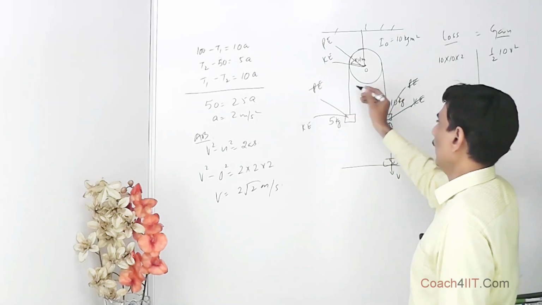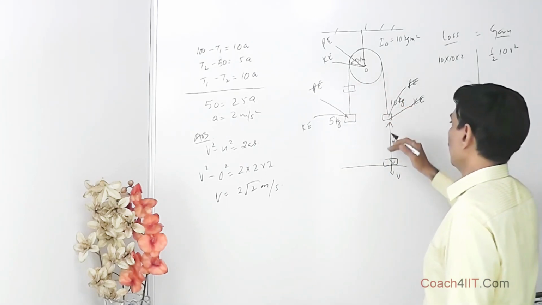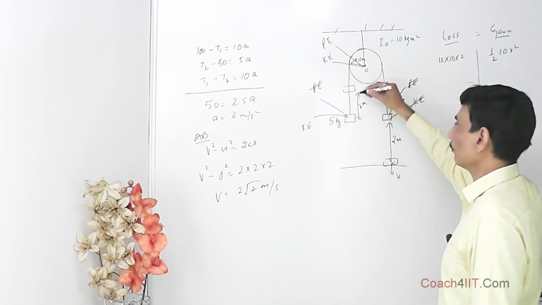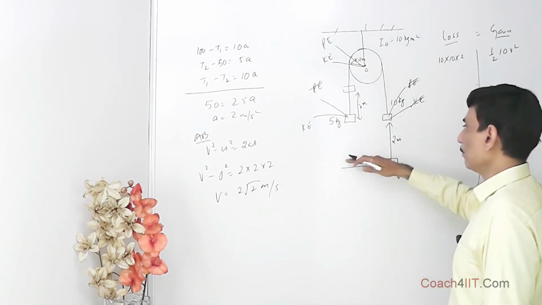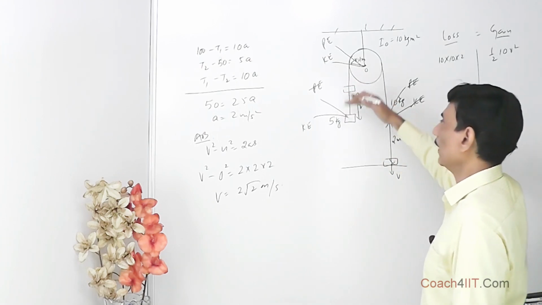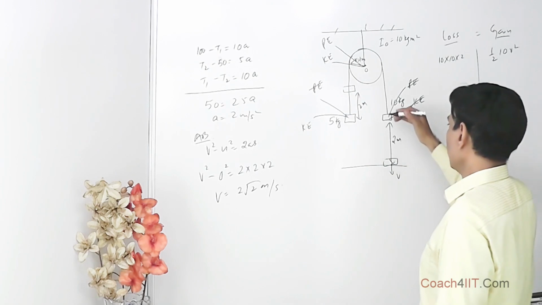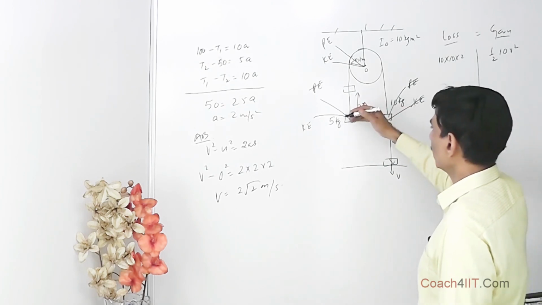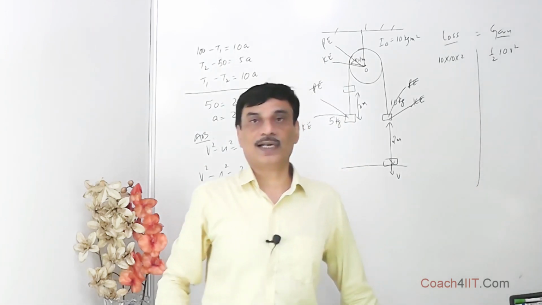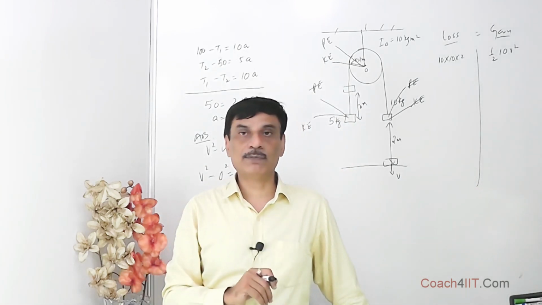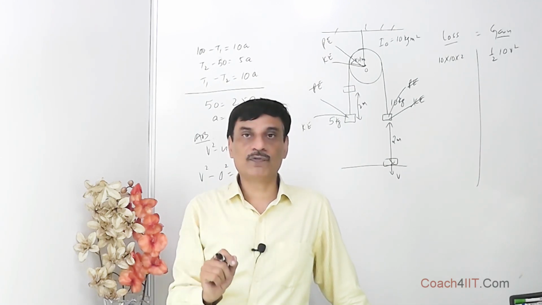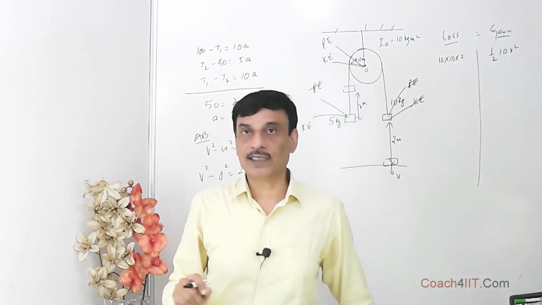Initially it may be at any height, but if this block goes down by 2 meters, the other block also goes up by 2 meters. We are not interested in the absolute height; we are interested in the gain of height, the gain in potential energy. If I have 100 bucks in my pocket and after some time someone puts 10 more bucks, I have a gain of 10 bucks, not 110 bucks.